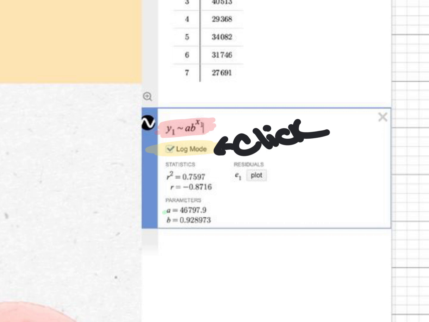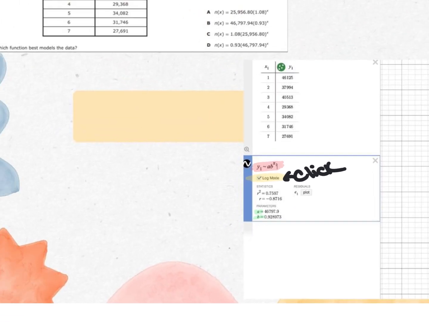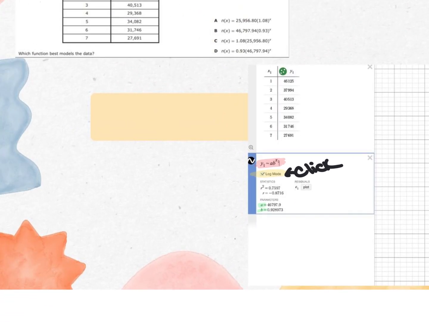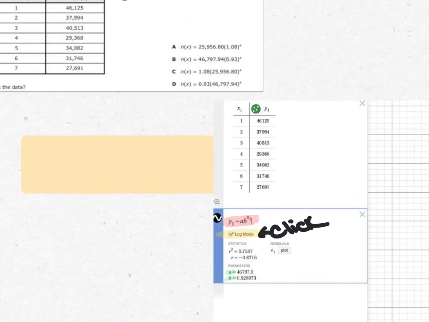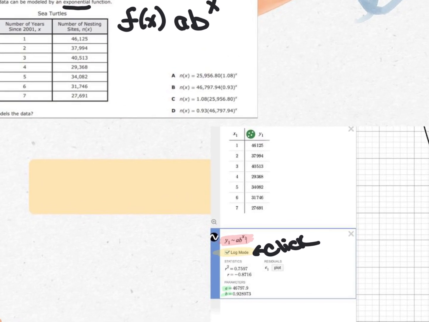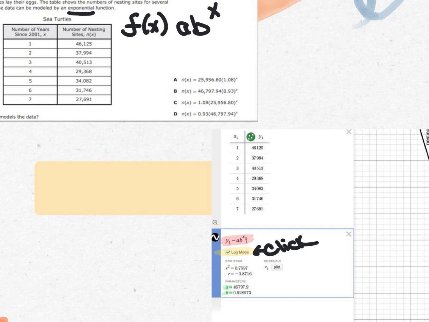Here is your A, and here is your B value. So now we're looking for our A value of 46797 and our B value of approximately 0.92. So we know C is not it, A is not it, and the only one that could make sense here is B.